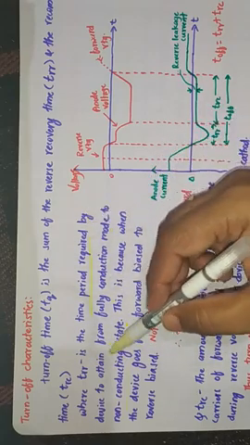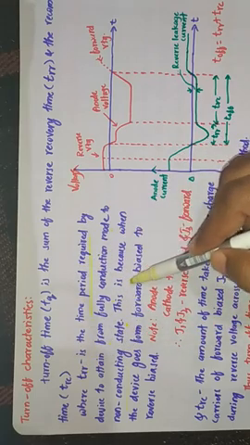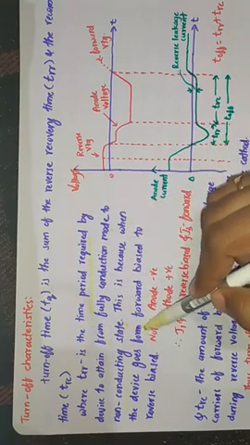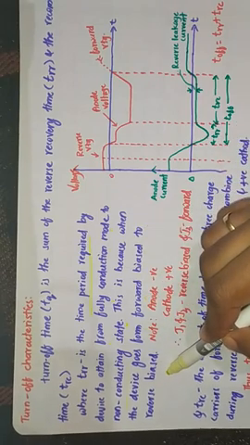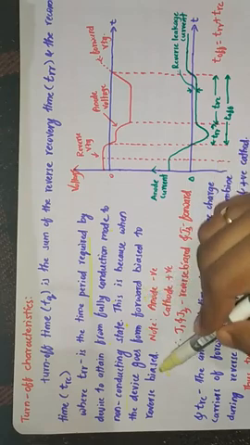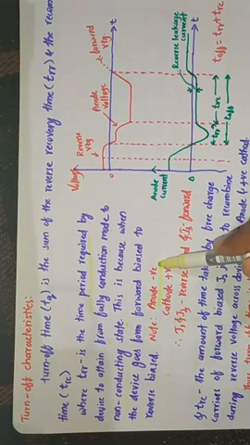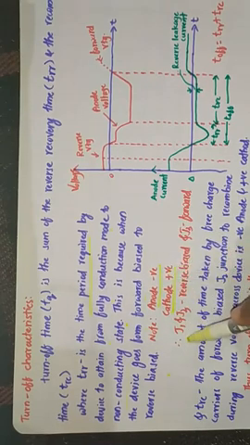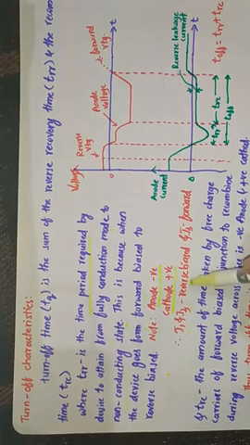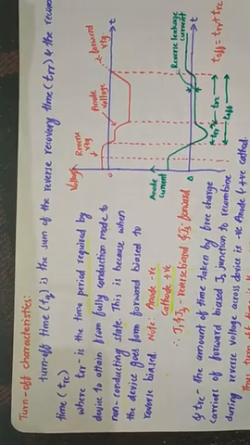Why does reverse recovery time have to be there? This is because the device goes from forward biased to reverse biased. As I said, your anode will have a negative voltage supply and your cathode will have a positive supply. Accordingly, junction 1 and junction 3 will be reverse biased, and junction 2 will be forward biased.